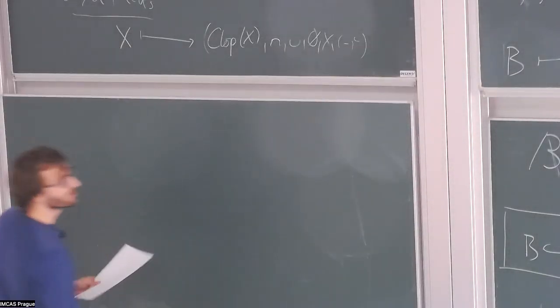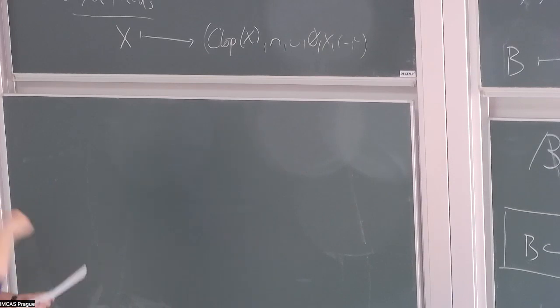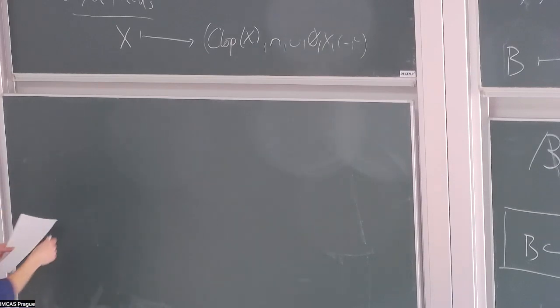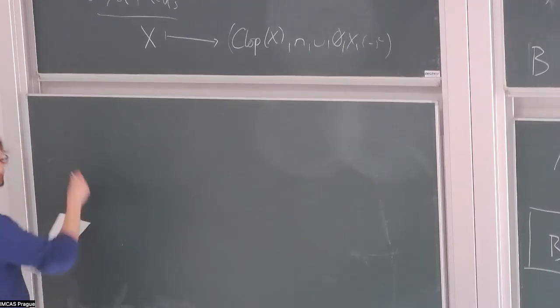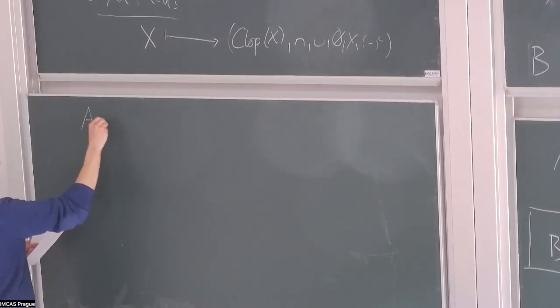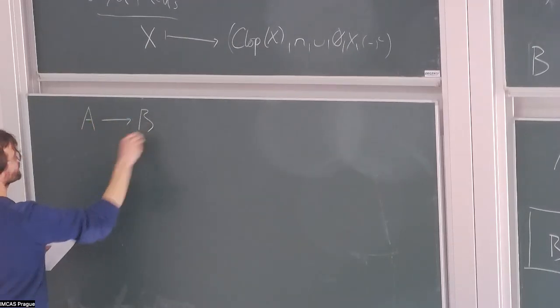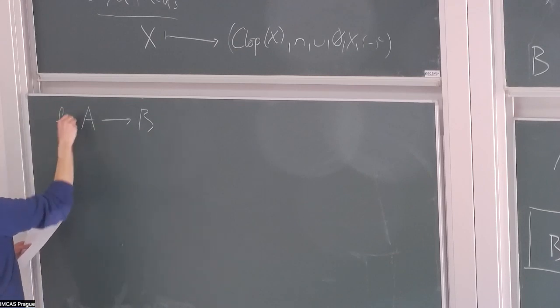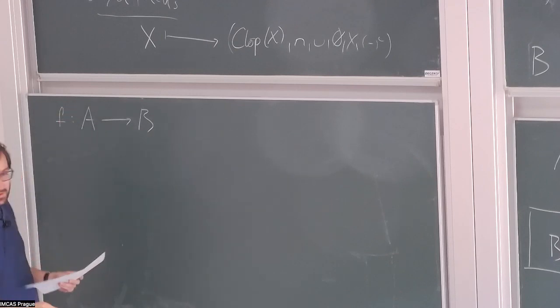So we get back to our original question. Imagine, and just for simplicity, I will have, let's say, 2 Boolean algebras and an operation between them.